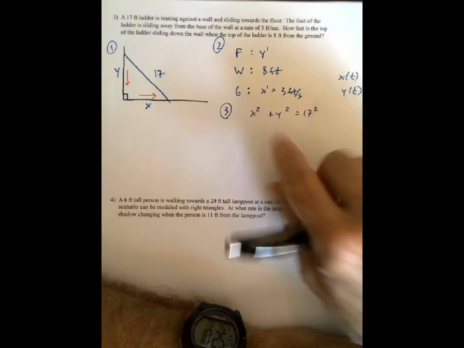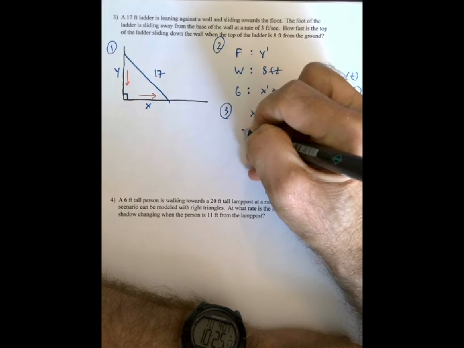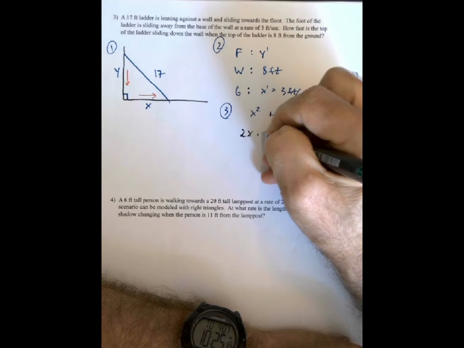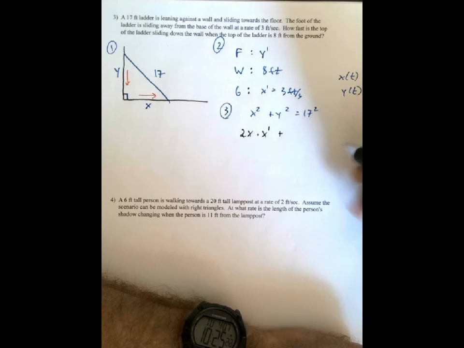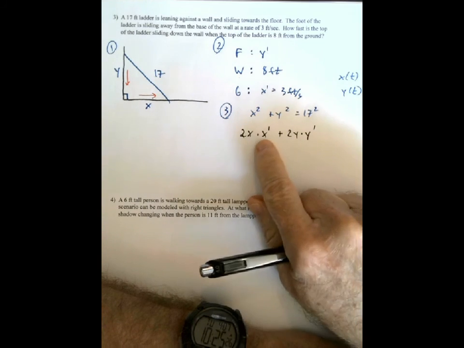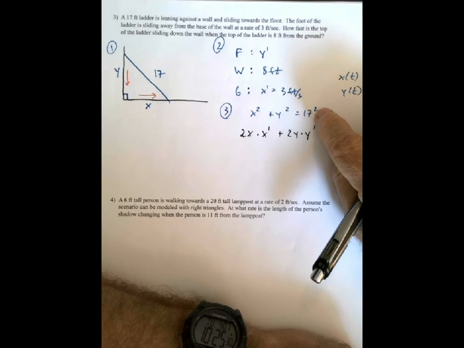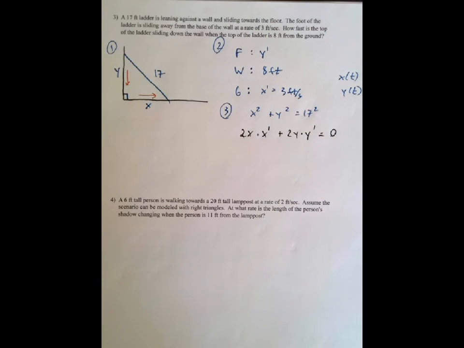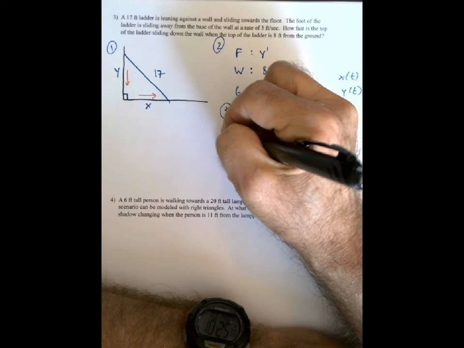Using the chain rule and the power rule, that's going to be 2 times x, 2 minus 1 is 1, times x prime, plus 2 times y times y prime. We always generate an x prime and a y prime because they're both functions of t. And that's a constant, so I didn't even bother squaring that, because that's going to be 0 when we take the derivative. So we just did step 4.